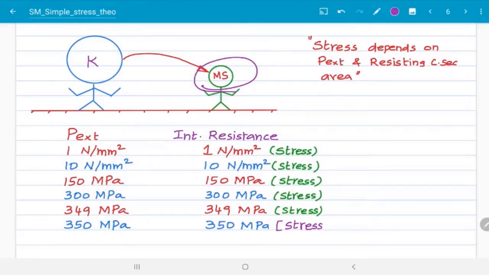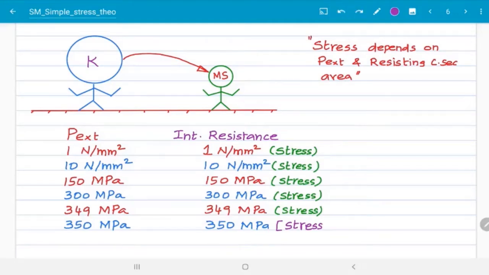Tell me. 350, same 350. Very good. Excellent. The reason is that 350 is the boy's capacity. Whether I am applying the load or another person is applying it, whoever applies the external load, the failure limit depends upon this boy.